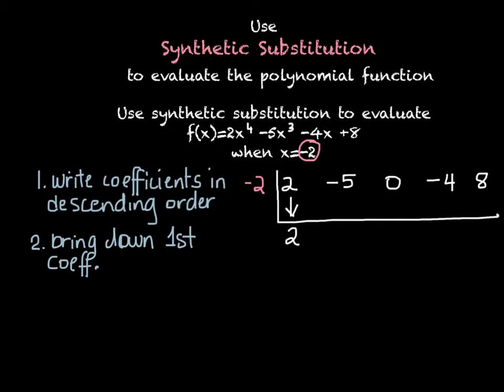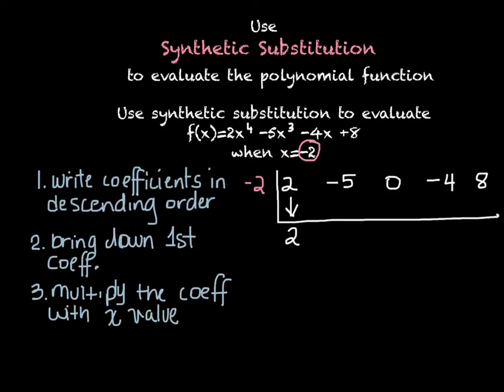The next step is going to be to multiply the coefficient with the x value. So I'm going to multiply these two. Negative 2 times 2 is negative 4. And I'm going to put that right here. I'm going to add these two together, and I get a negative 9.